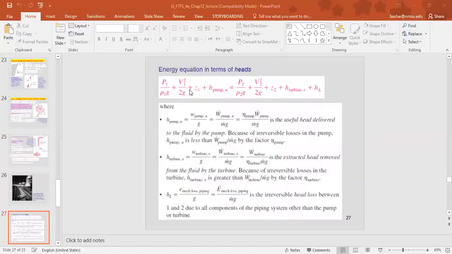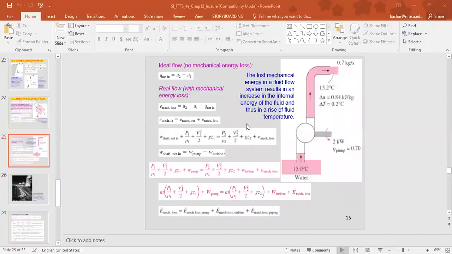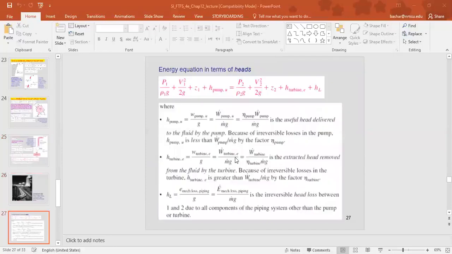Okay, the energy equation in terms of the heads, then we may get this by simply dividing this form of the equation by the gravity acceleration, then we will have the energy equation in terms of heads, and it becomes in the head form as shown here.